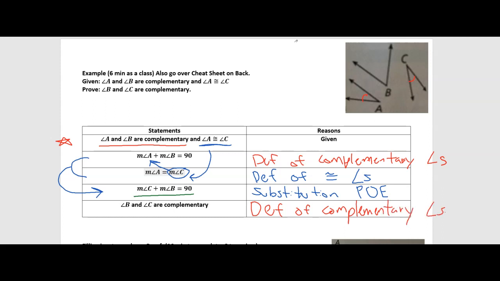You'll notice that this definition works both ways. You can either use it to say that the two angles that are complementary equal 90 degrees, or you can use it to say two angles whose sum equals 90 are complementary. All right, let's move on.